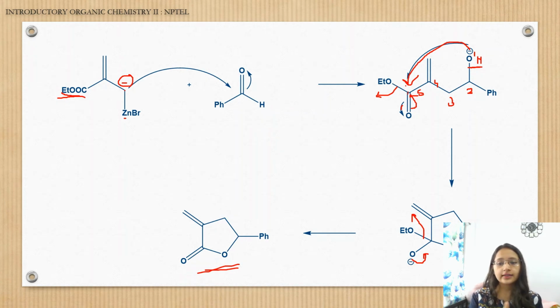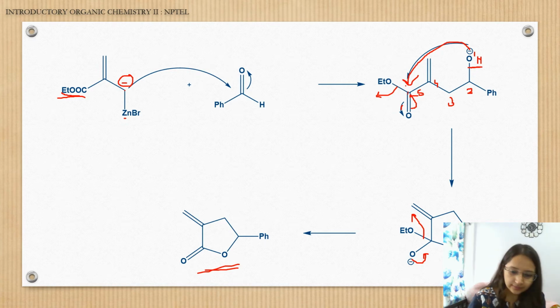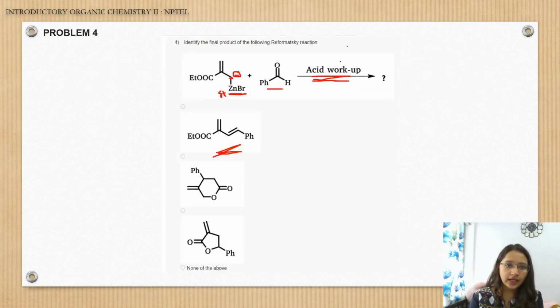Is it clear now, or do you have any doubt? Clear, ma'am. So the correct option will be what? Third option, ma'am. Very good. So the third option is the correct one.